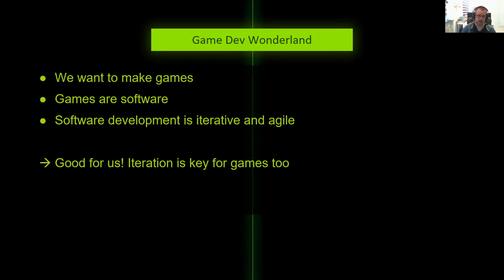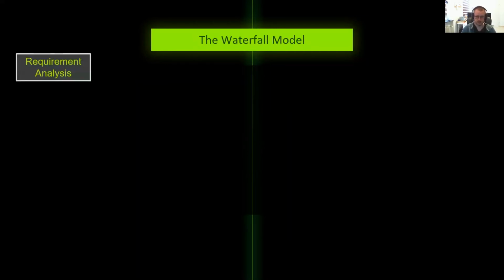Now, in order to finish such a software product, there are multiple models that we can apply to our workflow. One of them is the quite old Waterfall Model, which luckily is outdated already. In the Waterfall Model, I assume most of you have already heard about this.